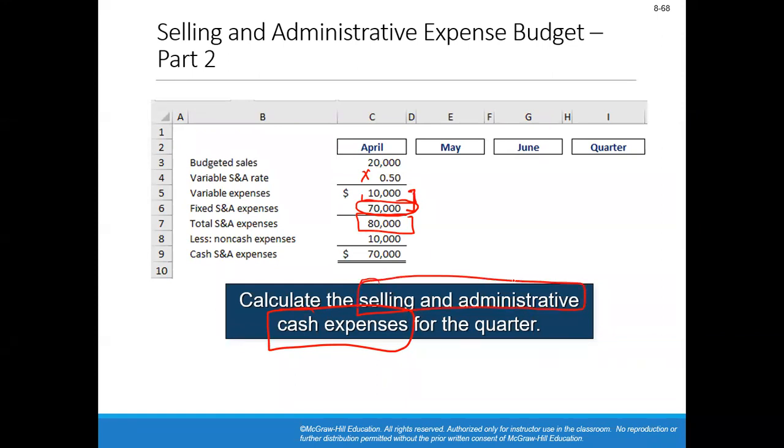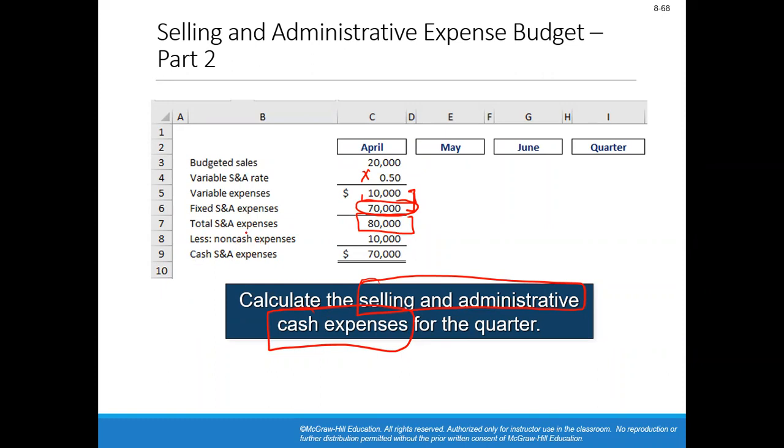Now you might ask why we are so concentrated on the cash, why we are subtracting non-cash. Note that for non-cash, you do not need to think about financing or additional borrowing. Your financing will actually be required for the estimated cash outlay.